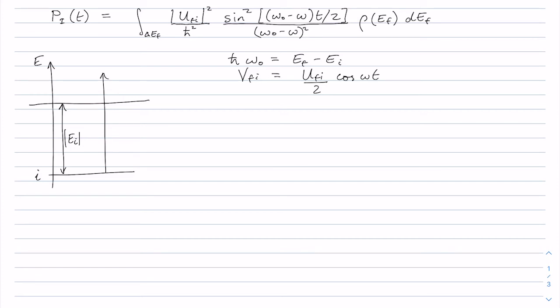It should be in energy space, so this is h bar omega, and the final energy here is E_F. Right, so this is 0. So all of this up here is continuum.